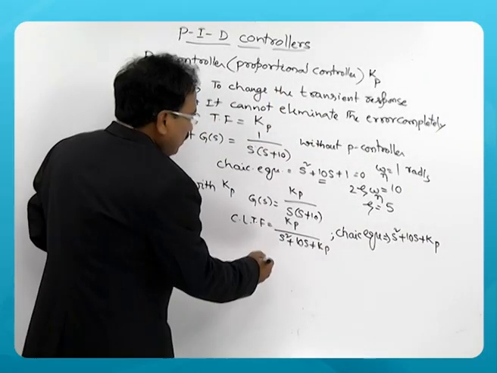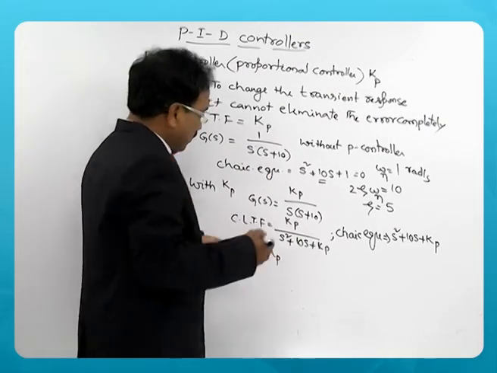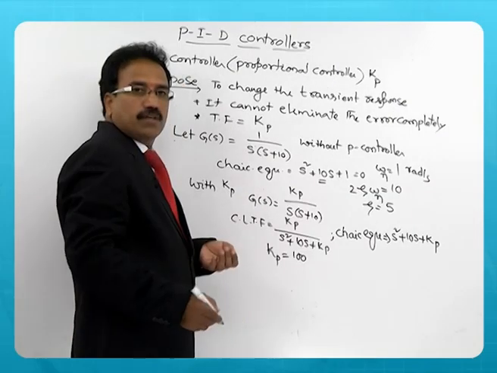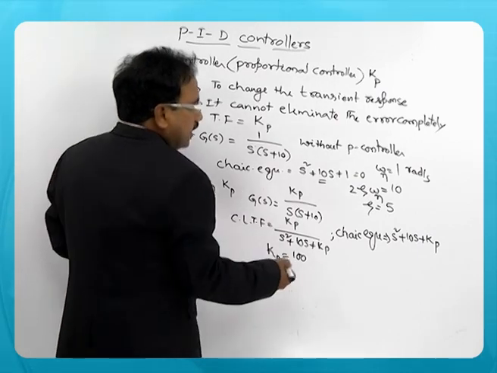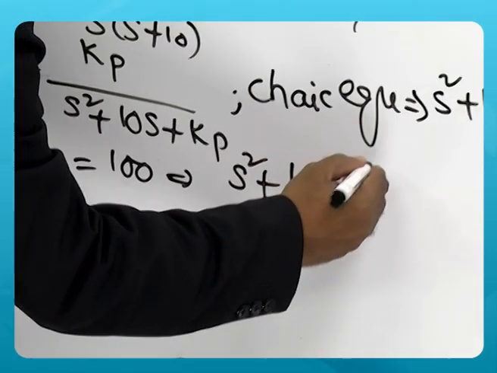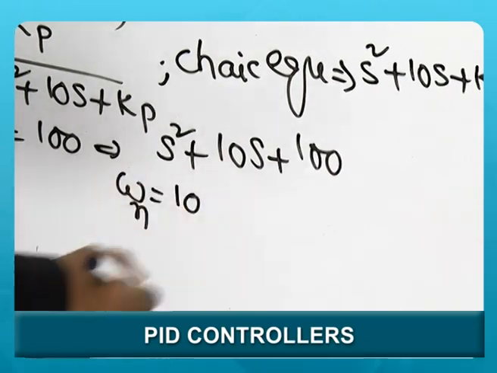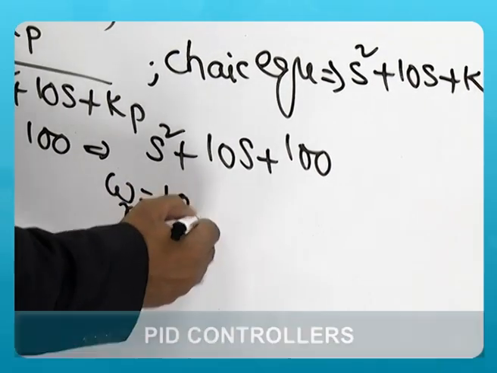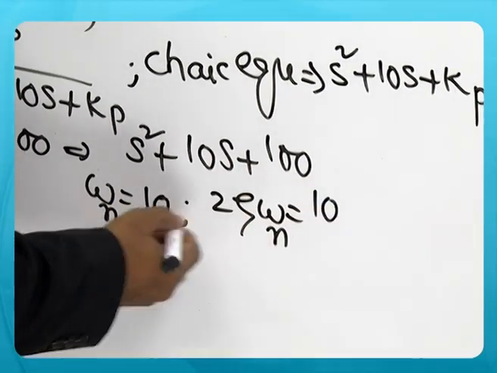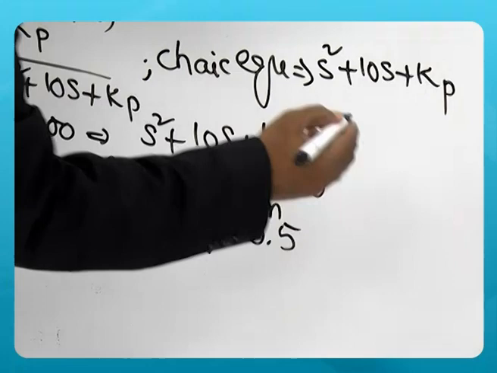Let us say you want to have this controller to improve the performance or to change the performance. Kp say 100. When I put Kp as 100, the characteristic equation becomes s square plus 10s plus 100, and omega n is 10 radians per second, and 2 zeta omega n is 10 and omega n is 10 here, so the zeta value becomes 0.5.